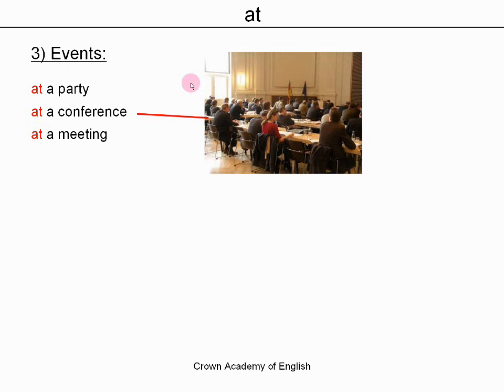At a meeting, or at a concert. Okay, so all of these are events. And so for an event, if somebody is going to an event, we say they are at a party, or they are at a concert.